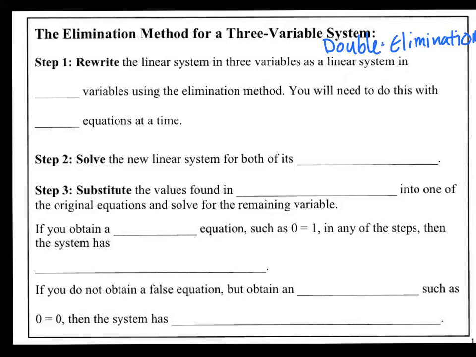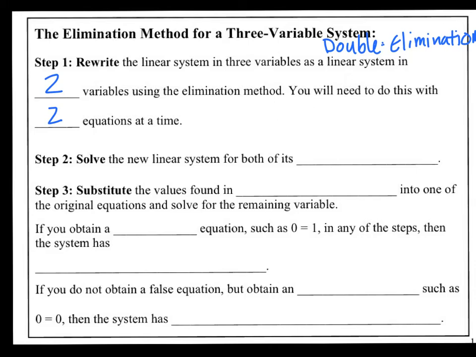Step 1 is to rewrite your linear system in 3 variables as a linear system in 2 variables using the elimination method, and you will need to do it one more time so that you have 2 equations. So you're doing double elimination.